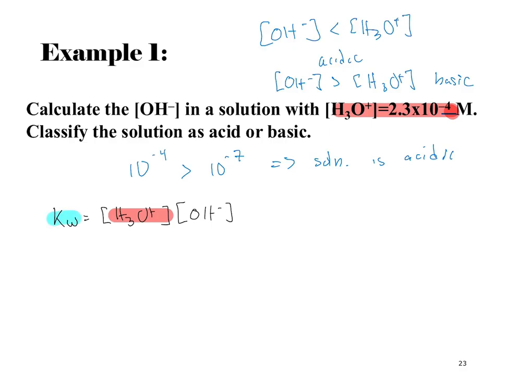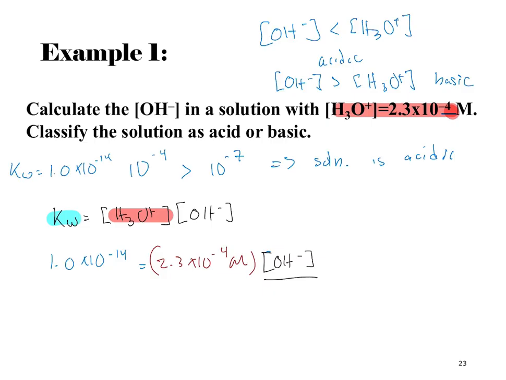Because Kw is always constant, unless we change the temperature, right? And Kw is equal to 1.0 times 10 to the minus 14. All right, so I plug in my values: 1.0 times 10 to the minus 14 equals 2.3 times 10 to the minus 4 molar times the concentration of OH minus.